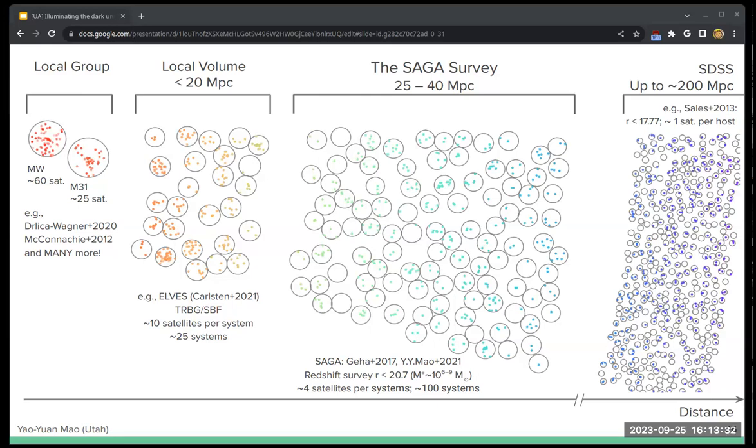So usually you use surface brightness fluctuation or tip of the red giant branch to get the distance measurement and the satellite population. And then once you go to the SAGA region, you get more samples because it's a larger volume, but obviously you see fewer satellites because they are further away. If you go to SDSS, you can also do this, but you usually only find 0 or 1 satellite in the system, right? But this is the landscape that we have in terms of finding satellites around Milky Way systems.